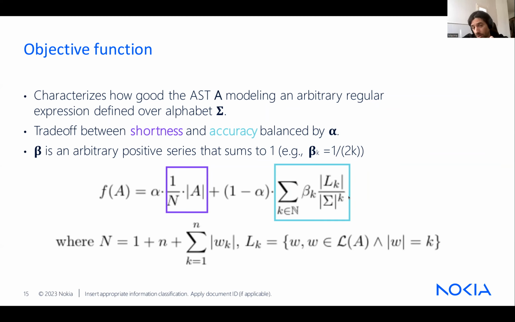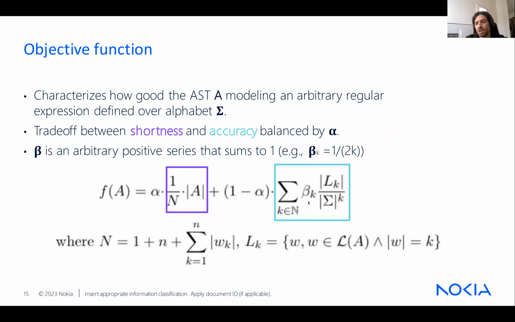Because what's on the bottom here, size of sigma to the k, grows so big that after some terms, the quantities become negligible. Anyway, it's bounded by the sum of the beta k from where you are to infinity. And it becomes so negligible that basically we count to 30 and we stop.